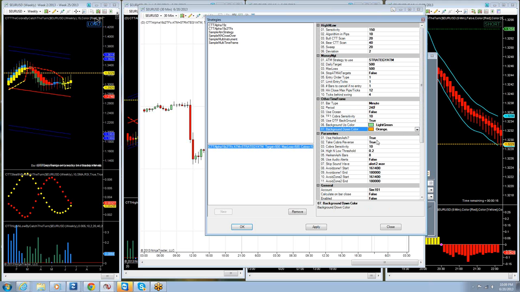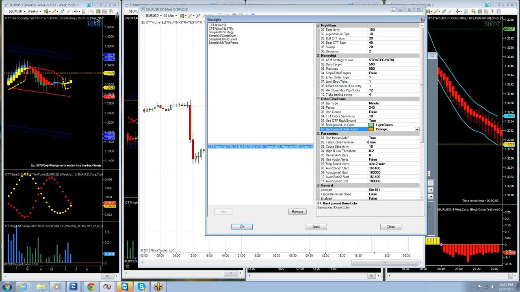And then you can also say, do you want to use the Heikin-Ashi bars, which are these bars that you see here, to confirm a signal, or do you just want to use raw candles? And raw candles maybe will get you in a little sooner on a trade, as opposed to waiting for these bars to confirm. Then you can take a Cobra reverse.